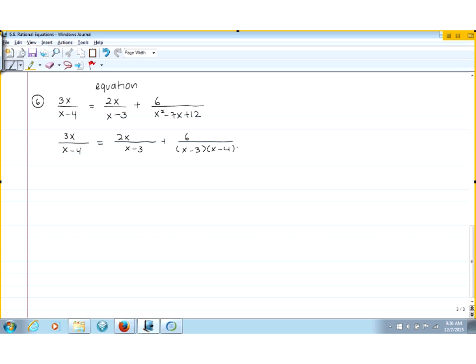All right. So what is the LCD? Yes, x minus 3, x minus 4. Yes, you're right. So this is the LCD. So what do I do with my LCD?